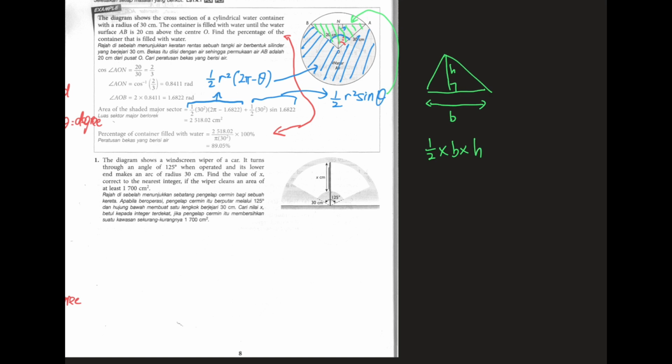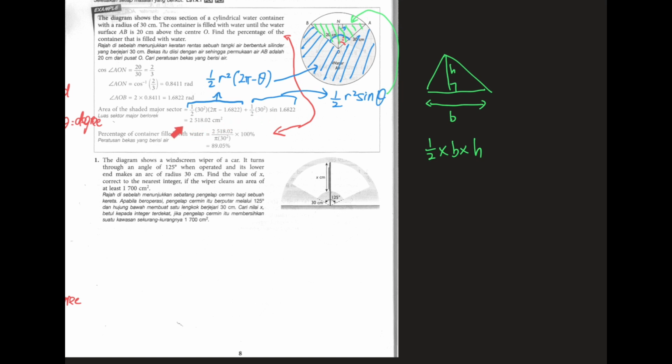The problem here is that 20 is the height, but 30 is not the base. The base is this one, and we don't know that. So that's why we cannot do 1 over 2 times 30 times 20, and that's why they use this.